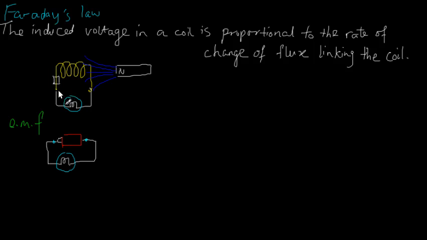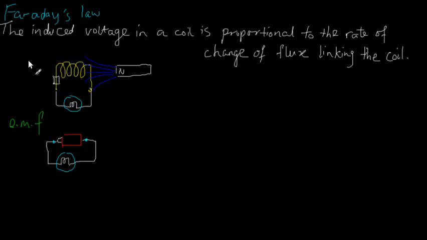But the voltage that is actually produced from the coil would be lower than if there were no resistance, because some work must be done to move charges through the resistance of this coil. So we can think of the effect of this quantity that is induced by the changing flux.